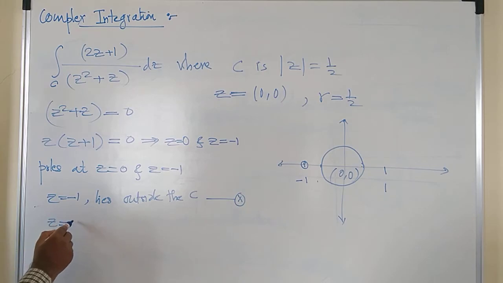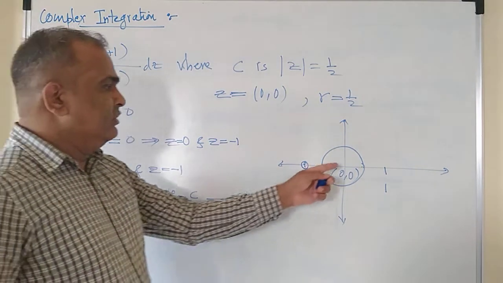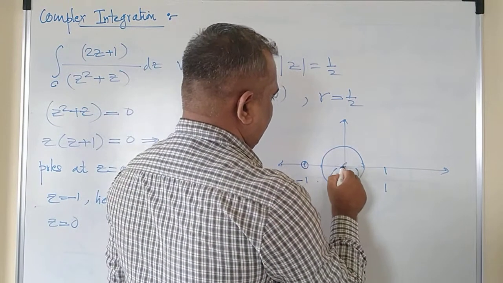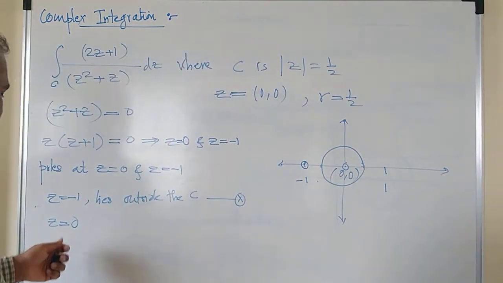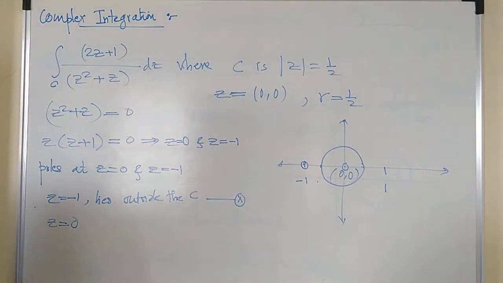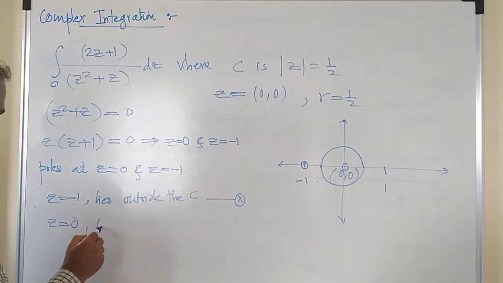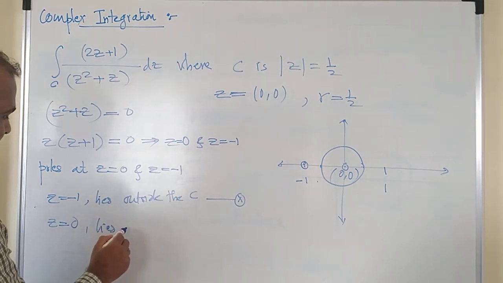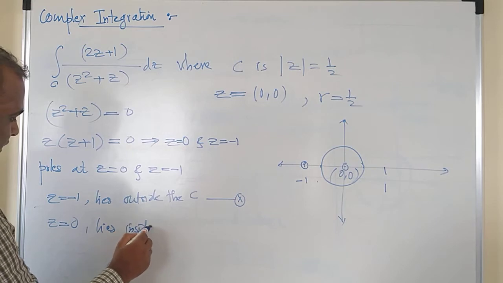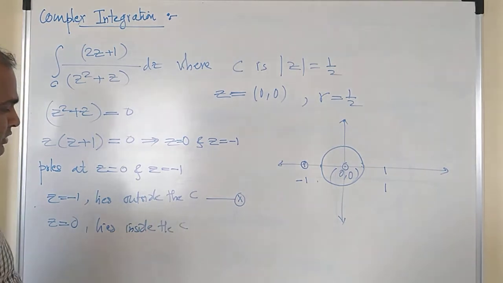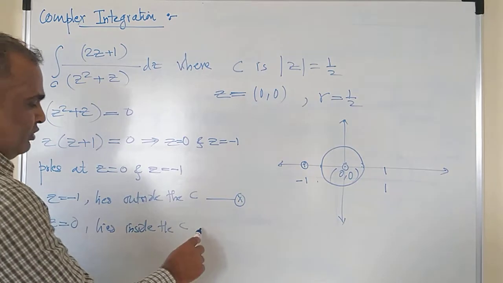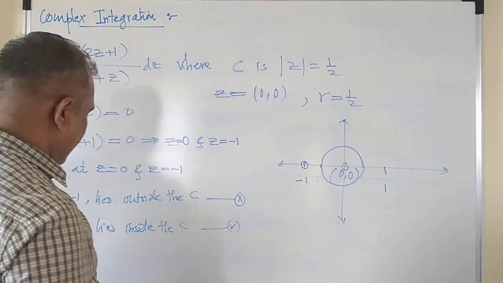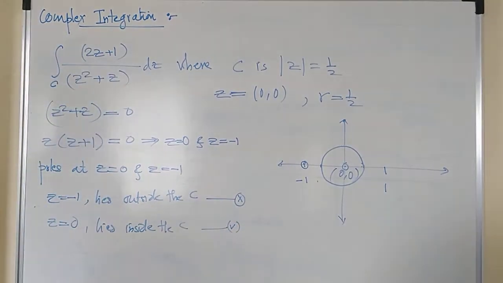Whereas the other point z equals 0 is inside, it is here on the circle itself, right? So only a single point z equals 0 lies inside the contour C, and therefore you should solve the problem only for this point, that is z equals 0.